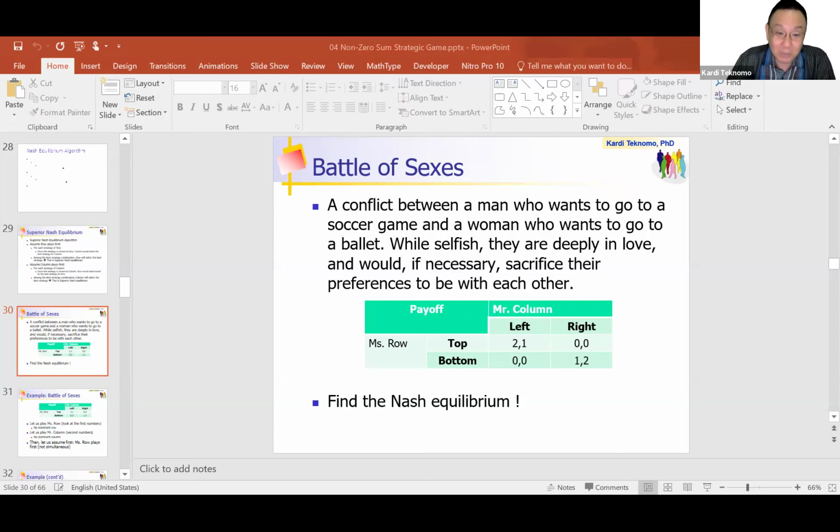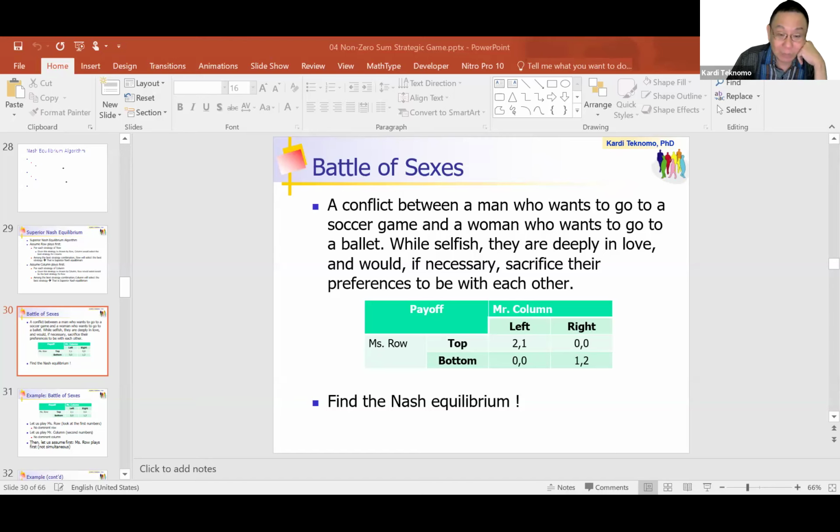Top and bottom are for Miss Row, and left and right for Mr. Column. Top is what is good for Miss Row, that means ballet. The bottom is soccer. The same here: the right is soccer, and this is the ballet.